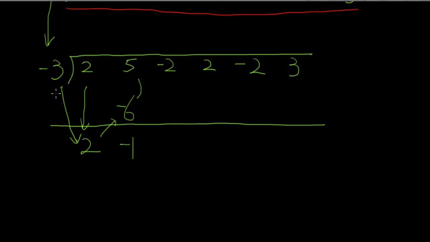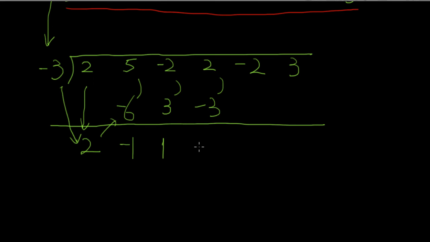Okay, and we're going to do the same steps, right? So now negative 3 is going to be multiplied to negative 1, which becomes 3. And we add these two together. When we add, this becomes 1. Multiply negative 3 to 1 would be negative 3.